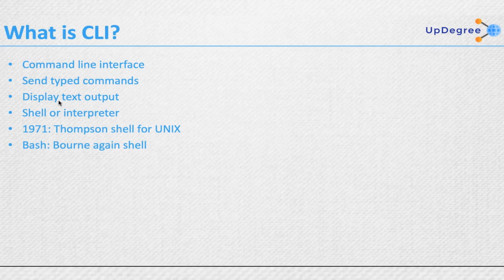One is dash, which is getting more popular, and there are lots of different features in dash related to the Debian shell. But the problem is there is not much compatibility between bash and dash, so people are still working on bash. However, yes, with the new environment people are working with dash as well. There is also KSH, another type of shell in which you can write your program. So that's what the CLI is.